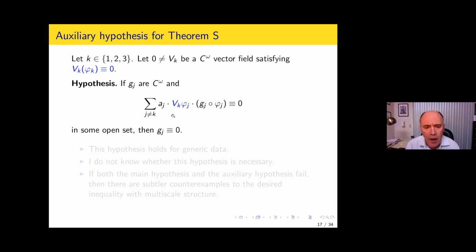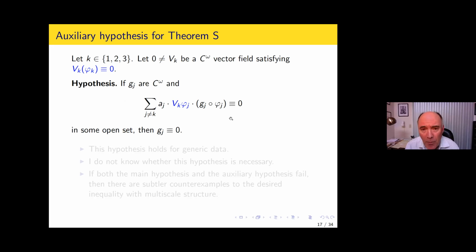This expression here on the left is not what you get by applying the vector field vk to the threefold sum. If you apply vk to the sum, each term in the sum is a product of the coefficient aj times gj composed with phi j, and I get more terms. Anyway, I have simply dropped some of the terms here. So this is not exactly the same as a differentiated version of the main hypothesis.